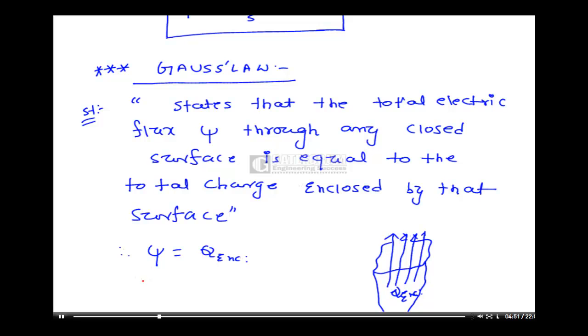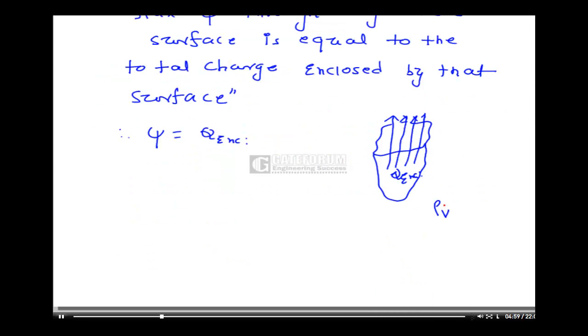This is the volume, with total charge enclosed in the volume. Suppose the volume has a volume charge density rho v. Then total Q enclosed is given by the integration over V of rho v dV. So this is equal to psi.